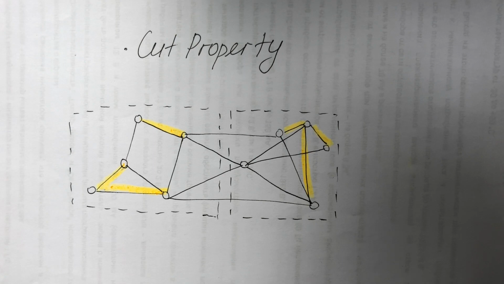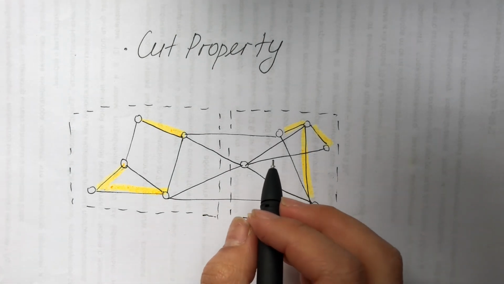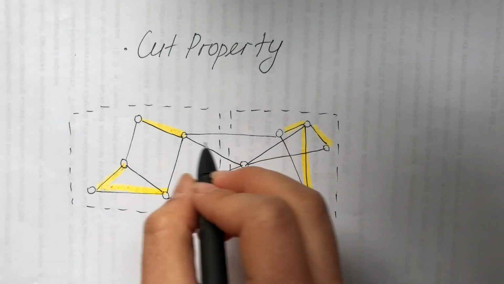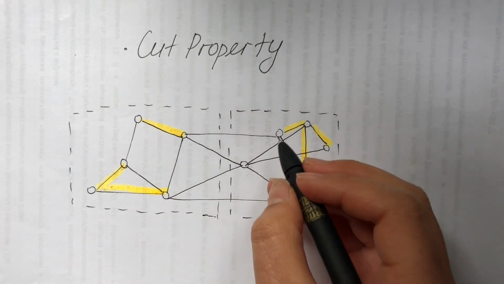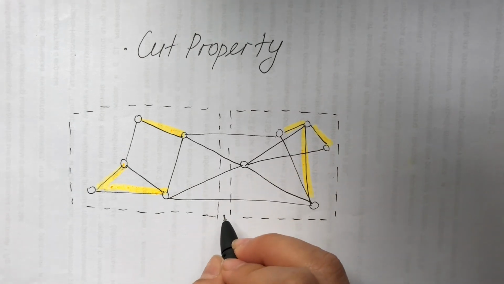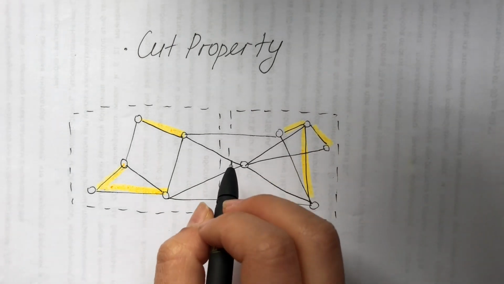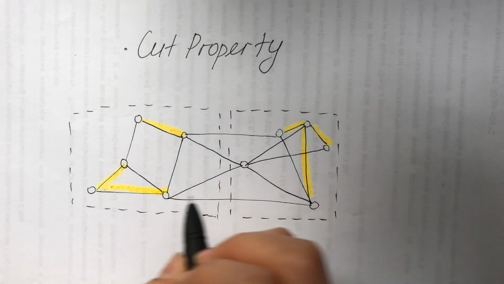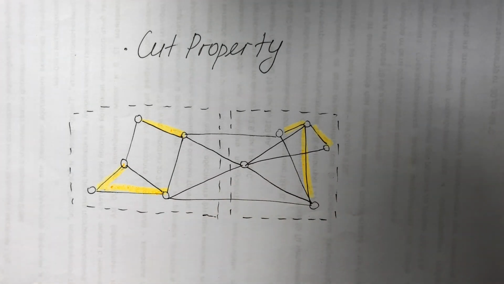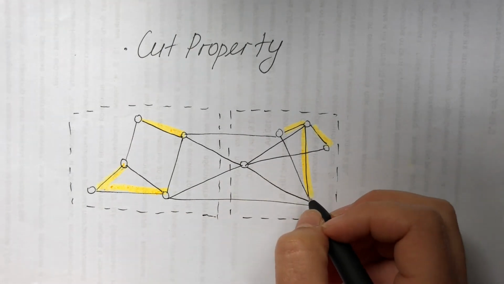And now we have to find a way to join them, but not just any way, we must find the least weighted edge to connect them. The cut property states that the edge that connects these two cuts will definitely be in the final spanning tree that we will find.